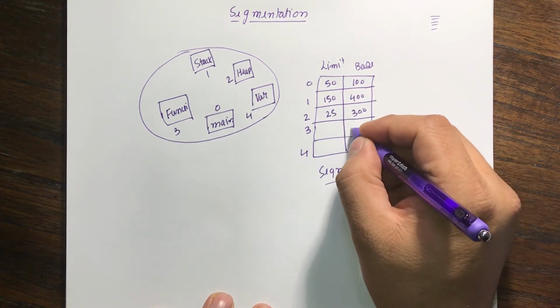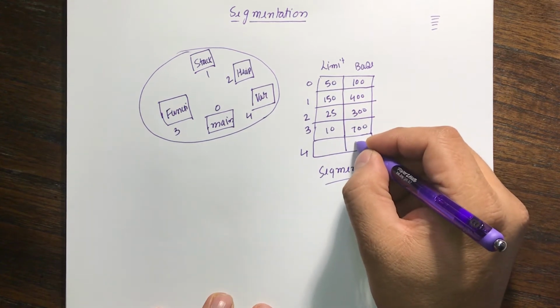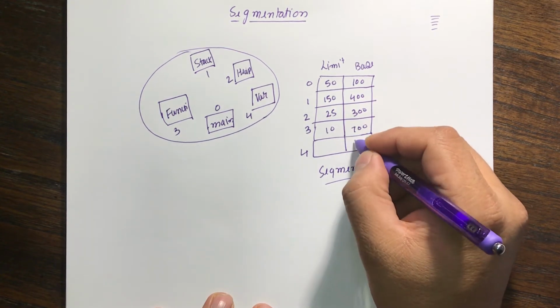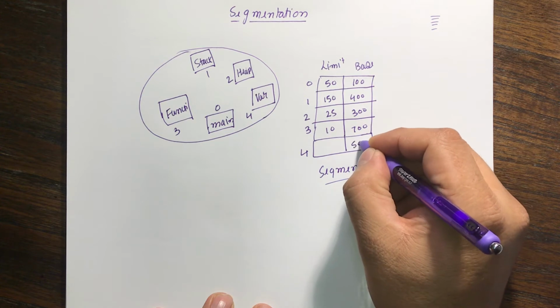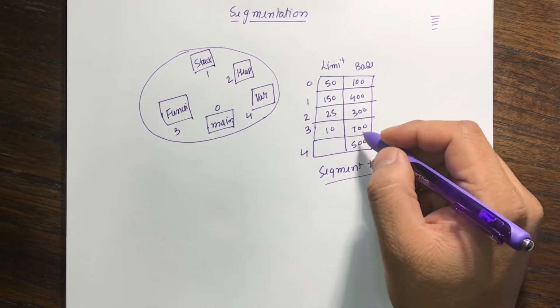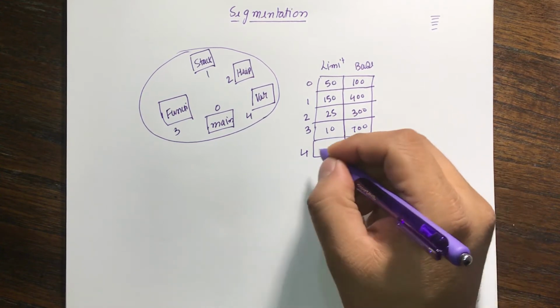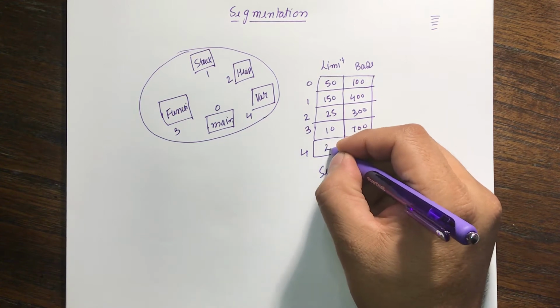This starts at location 700, and it's of size 10, and this starts at location, let's say 500, and 500 will not work over here. Let's say this starts at location 800, and its size is 20.